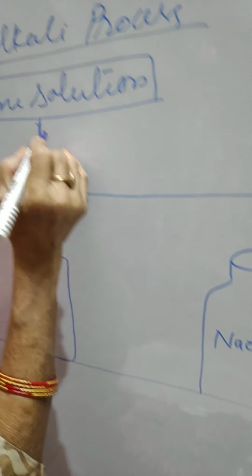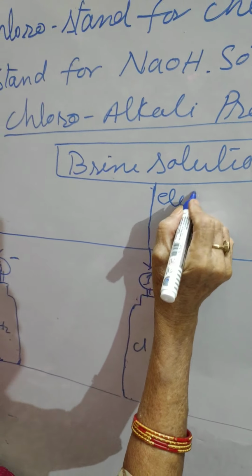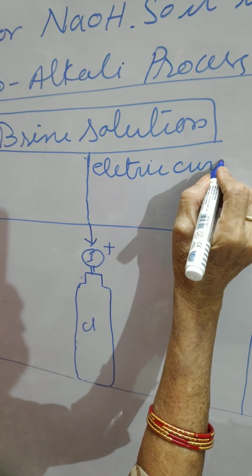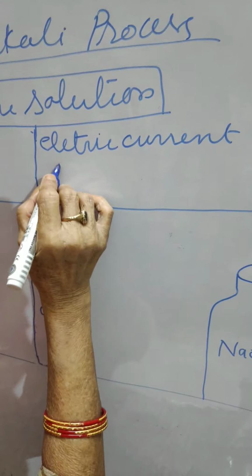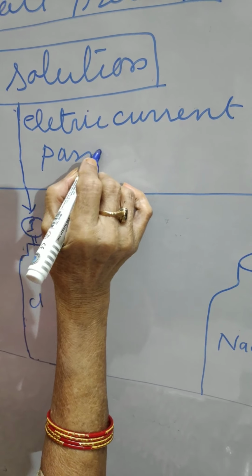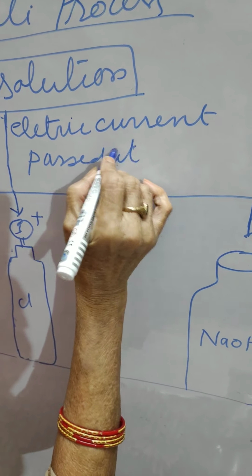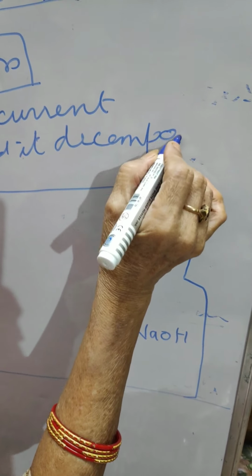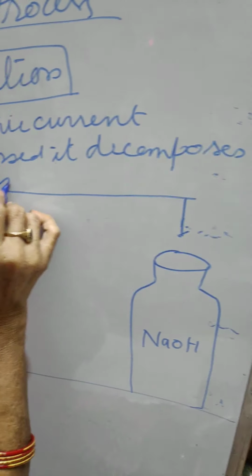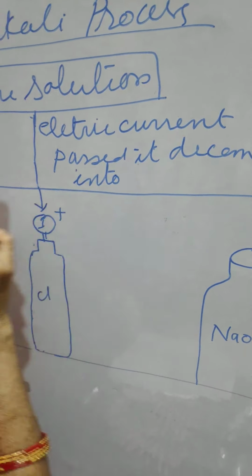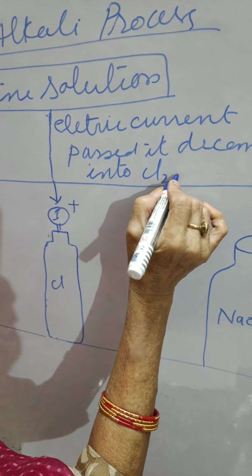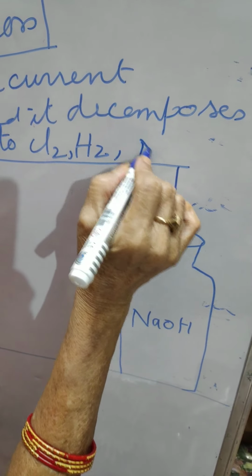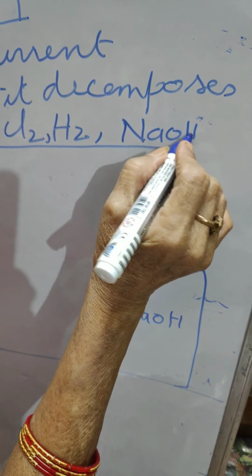In the brine solution, when electric current is passed, it decomposes into Cl2, H2 and NaOH.